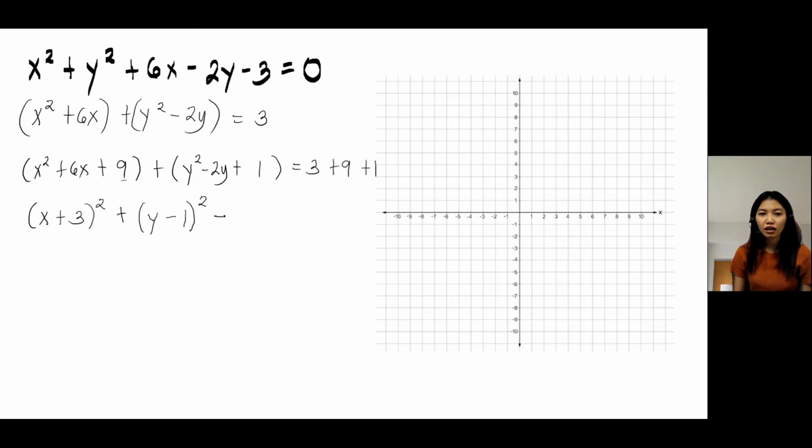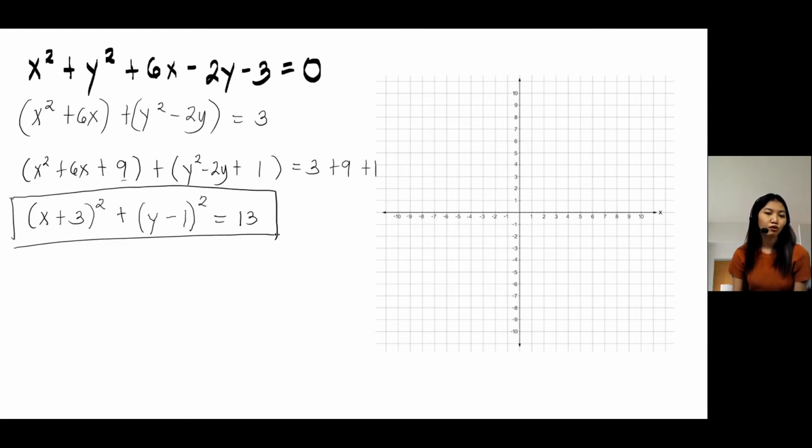Okay, and that is equal to, combine, 3 plus 9 is 12, plus 1, that is equal to 13. So this is the standard form of the equation of the circle. Okay, so since meron na tayong standard form ng equation ng circle, kaya na natin kunin ang center at ang radius.